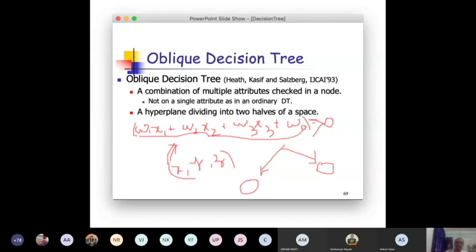So in the special case of the usual decision tree, this is also a hyperplane, isn't it? Say I have checked with respect to the attribute x1, and I am checking x1 greater than or equal to some value theta, which means I have the corresponding hyperplane.